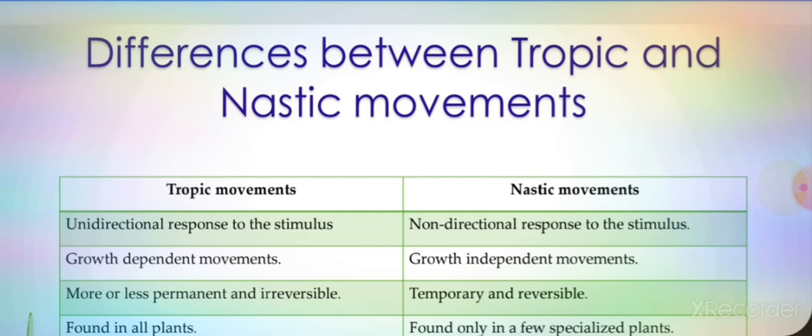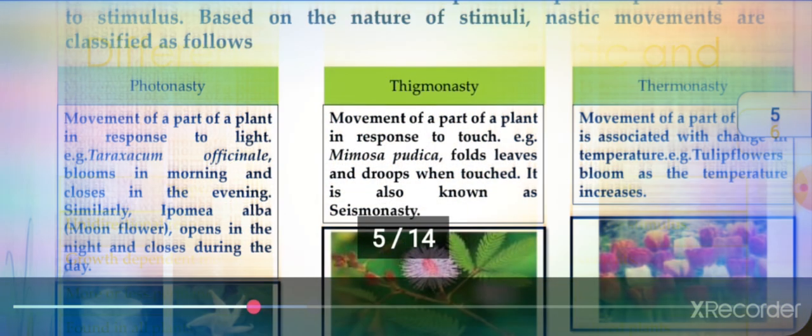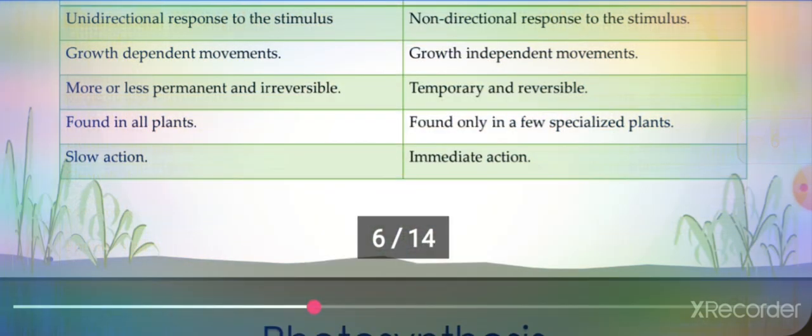Morning it is in open condition, at night it is in closed condition. So that is why we call it temporary. And it is temporary and reversible. It comes to its original position. This movement can be reversible.